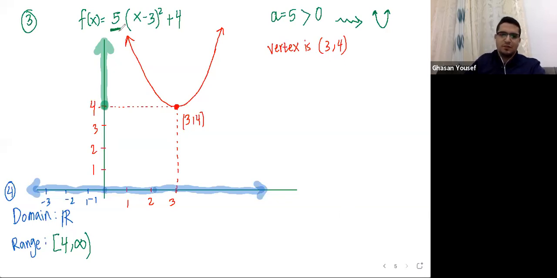If this keeps continuing here like this, it will be like this. It intersects the y-axis at what value? But where is the value exactly?